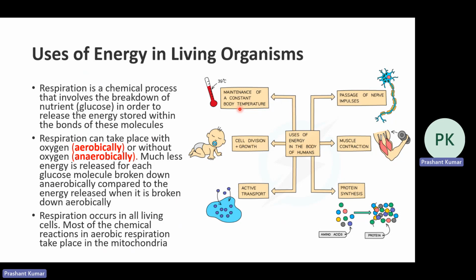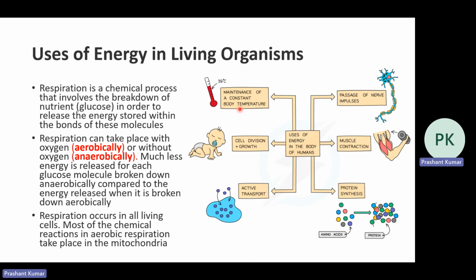A chemical reaction will occur, and CO2, water, and energy are produced. So CO2 is released out again by the process of breathing. Water remains inside the cell for further use, and the energy is released in the body. And that energy is used anywhere in the cell, such as in growth, in active transportation, or in muscle contraction.